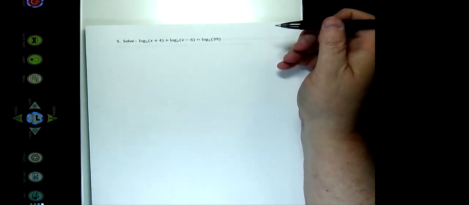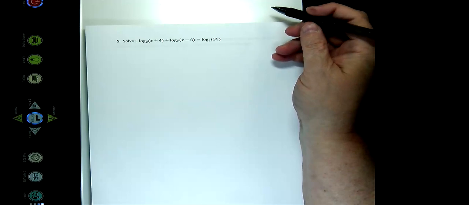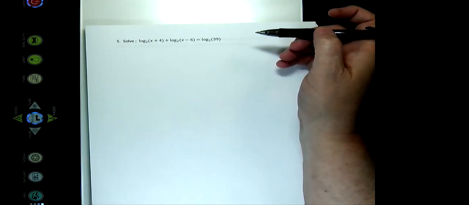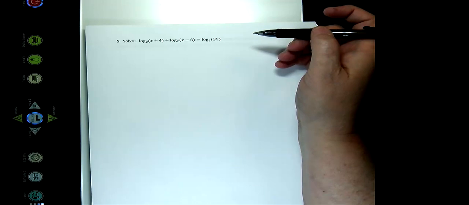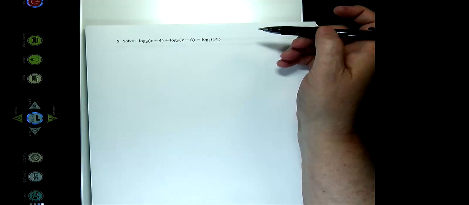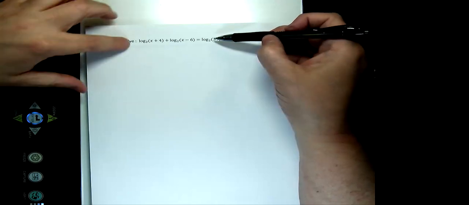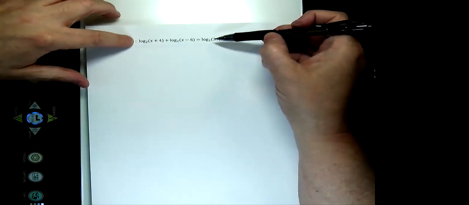let's go for it. What can I do here? We can raise these as exponents to the 2.